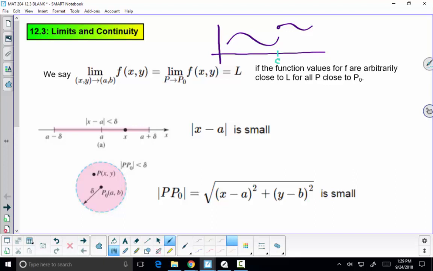So right here, if we call that point C, the value of the function at C is whatever that number is over here, let's just call it D. But the limit of the function as x approaches C is whatever is up here, let's call it E. So those are not equal, and therefore the function is not continuous. For a function to be continuous, the limit and the value must be the same.